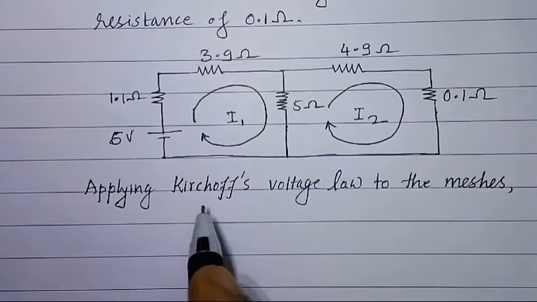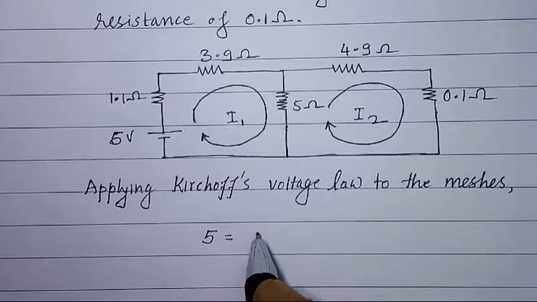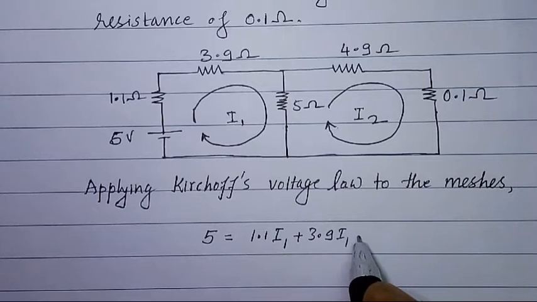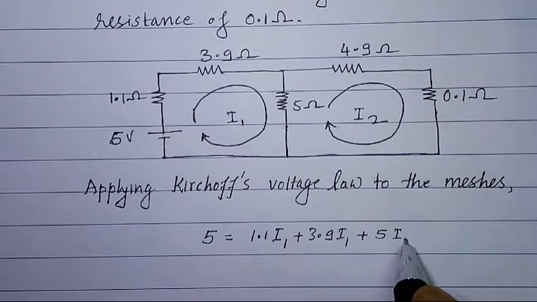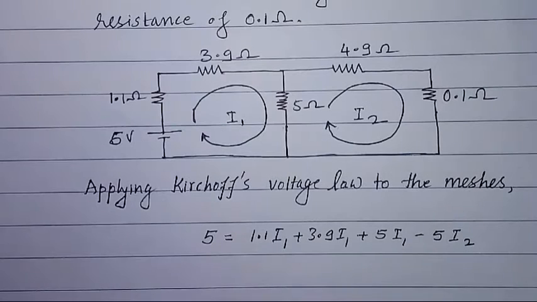In first mesh, I get equation 5 equal to 1.1 I1 plus 3.9 I1 plus 5 I1 minus 5 I2. Simplifying it, we get 10 I1 minus 5 I2. Let us call this as equation 1.